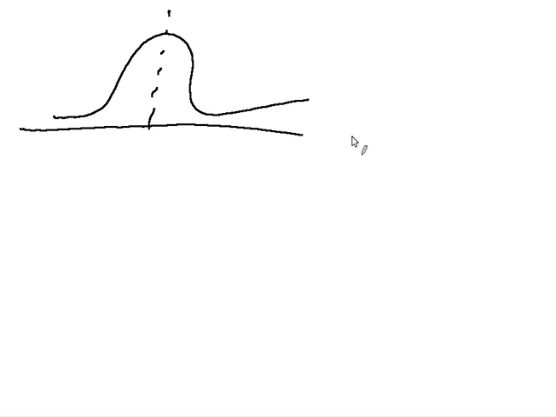I'm drawing a graph of the probability density function for a normal random variable. So suppose we wanted to find the point at which that many standard deviations out from the mean encompasses 90% of the probability.